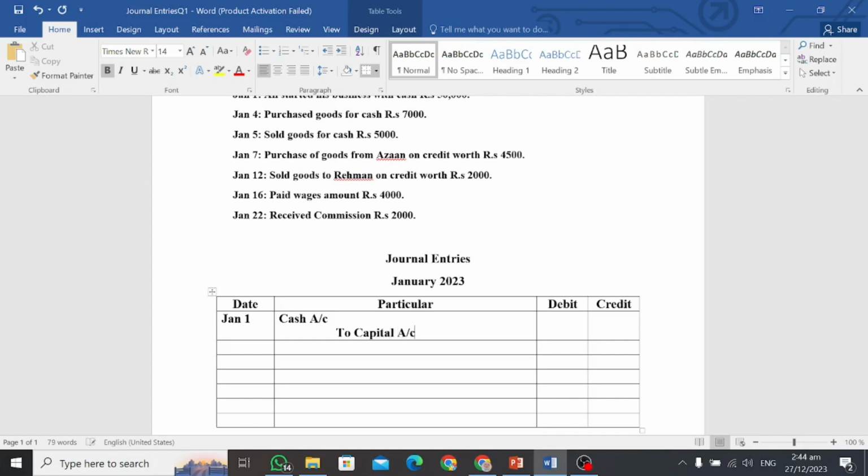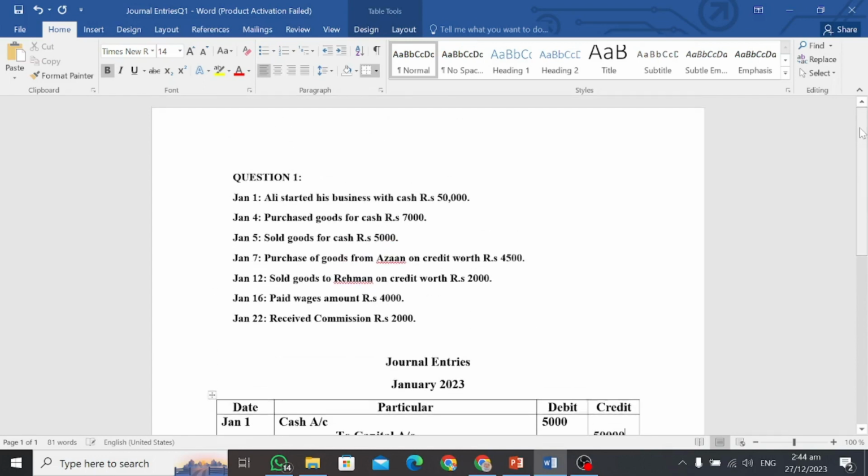So we have cash account to capital account. Then we will write the amount to be debited, that is 50,000, and amount to be credited, that is 50,000. So in this way our first transaction is recorded.